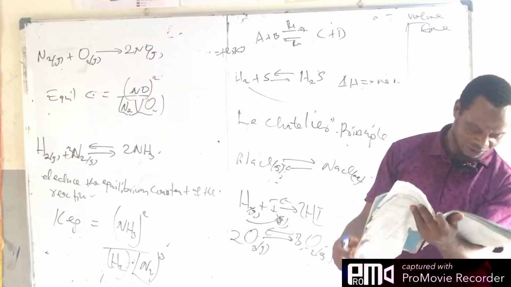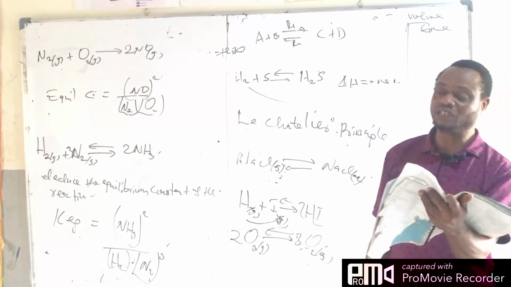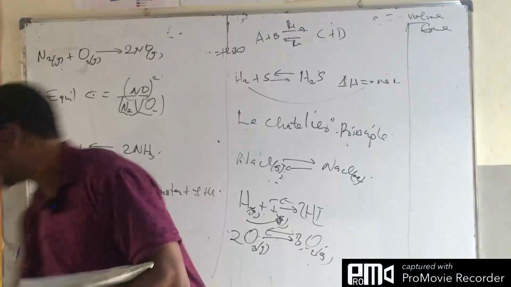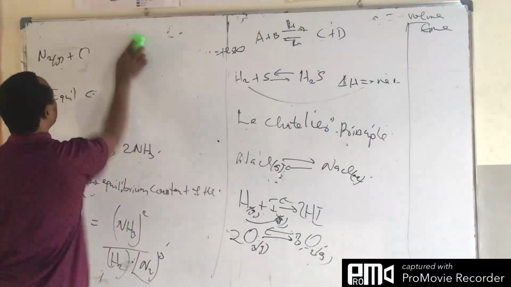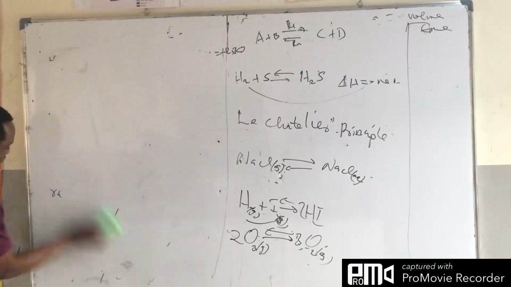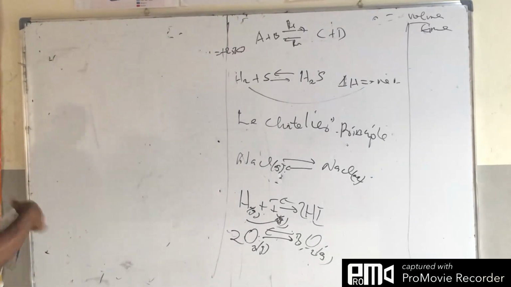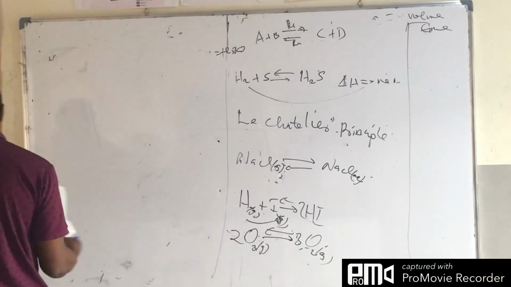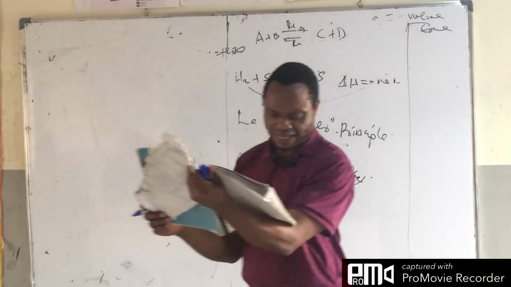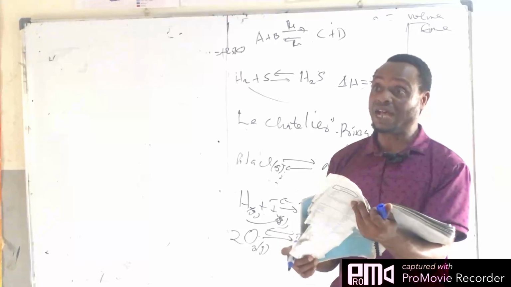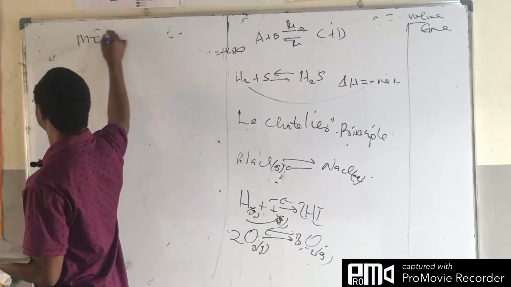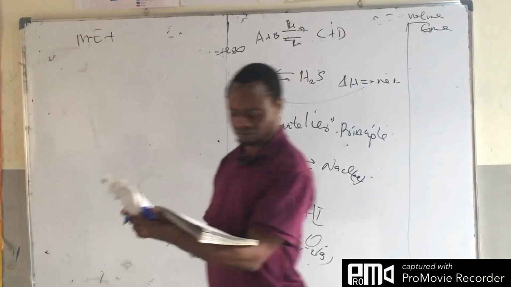Then another one. Please help me write this one down. We'll try to meet up with time. Write it down: mE plus nF, then the other is pG plus qH.